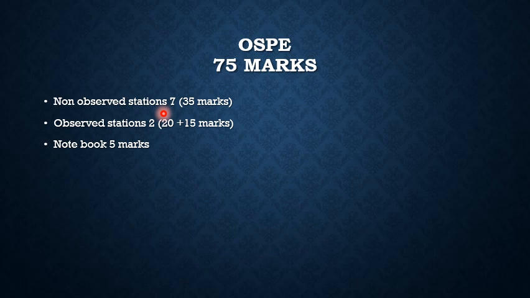Observed stations are where you have to perform one experiment from the experimental pharmacology part, which usually consists of 20 marks, and the other from the pharmacy part, which is 15 marks. Your notebook consists of 5 marks.